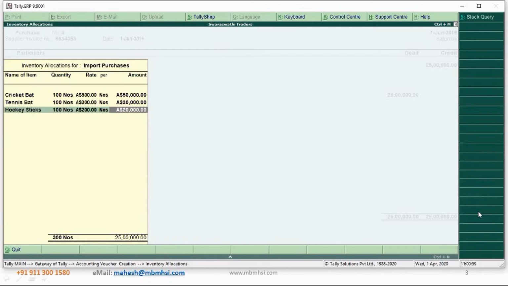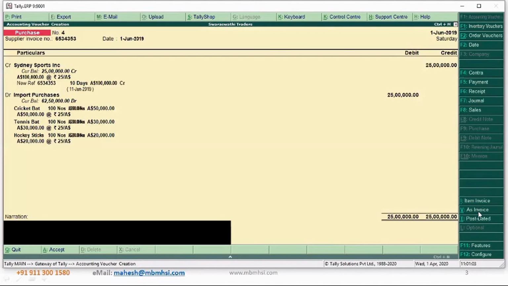Right? So 25 lakhs has got adjusted. So I bought 3 items. Cricket bat 100 numbers at $500. Tennis bat 100 numbers at $300. Hockey sticks 100 numbers at $200.